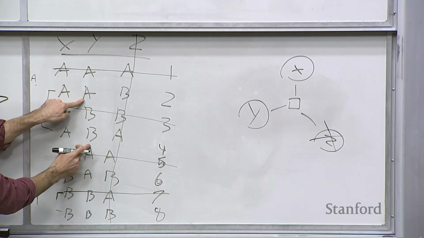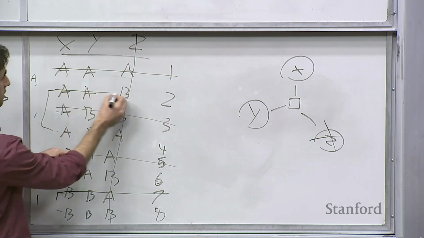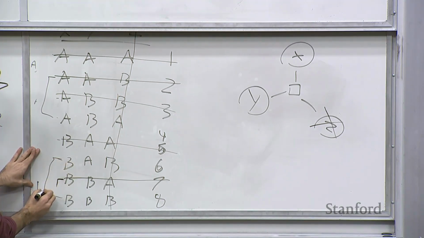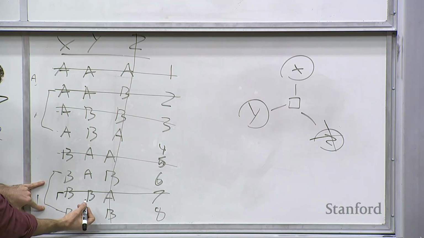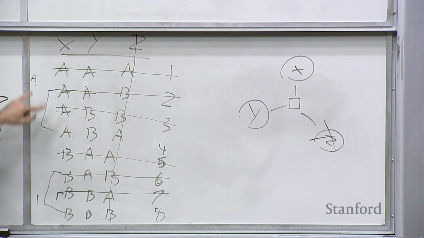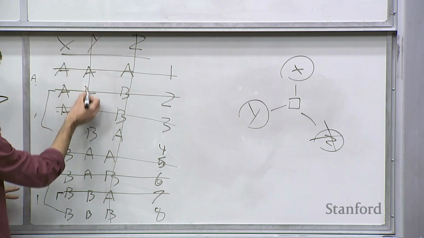If x is a, what's the best value of y? It's b, so we can cross this out. Now, if x is b, what's the best value of y? It's, again, b, so we can cross this out. And now, for every value of x, we've decided b, and so we can drop this from the graph.